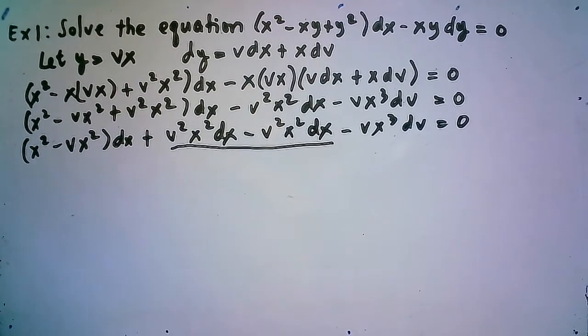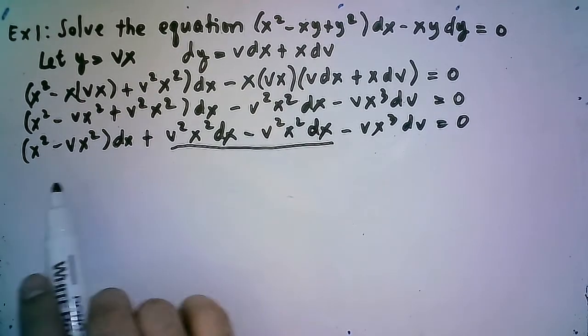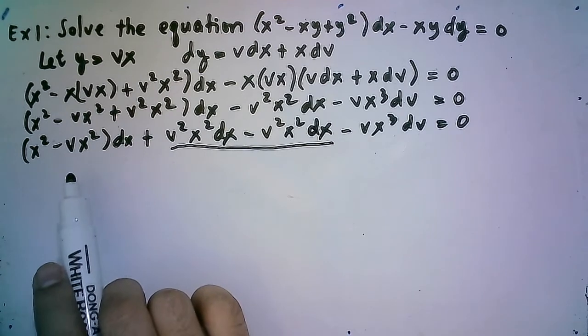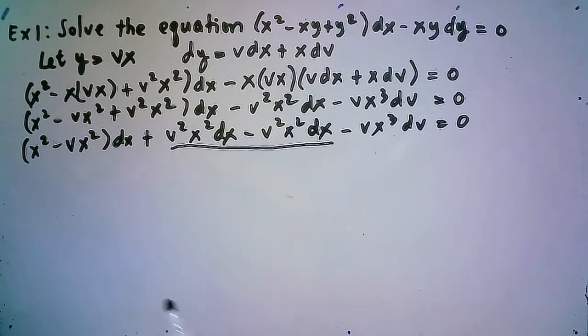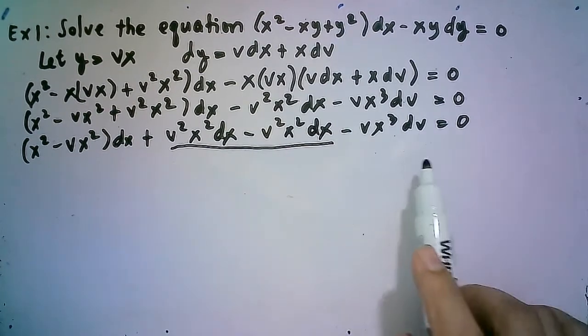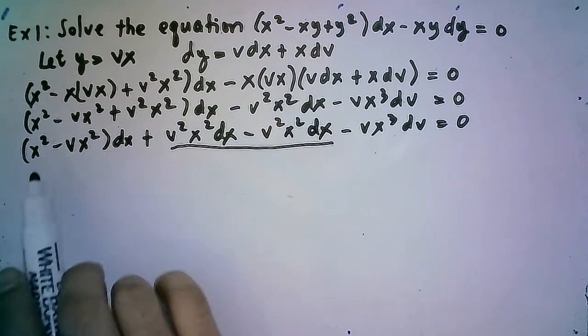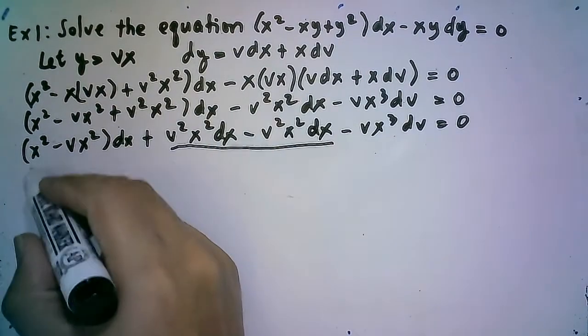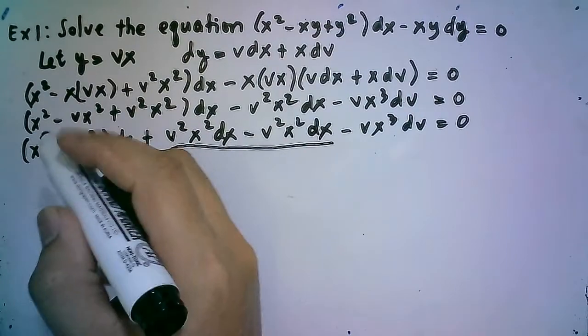Now, this time, all x are combined with dx, and all v are combined with dv. So for this case, I will factor out x squared.